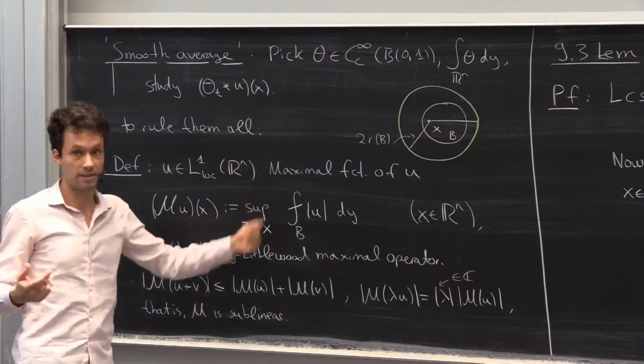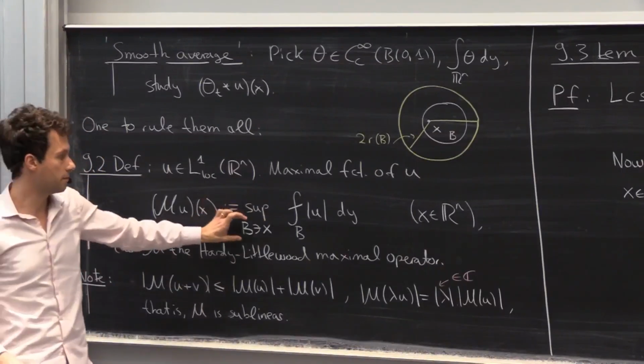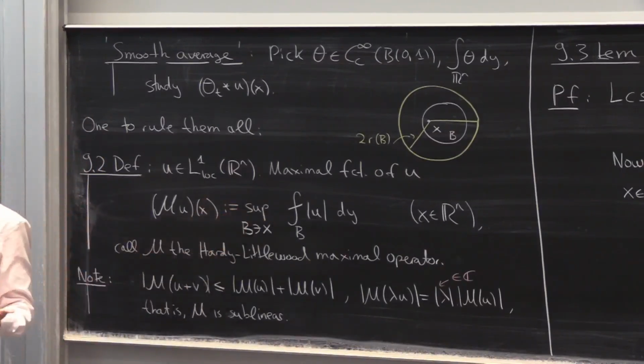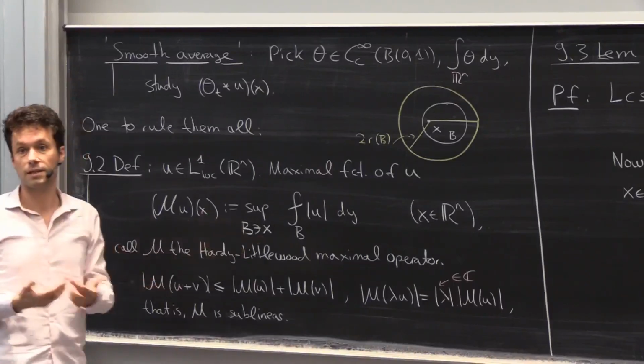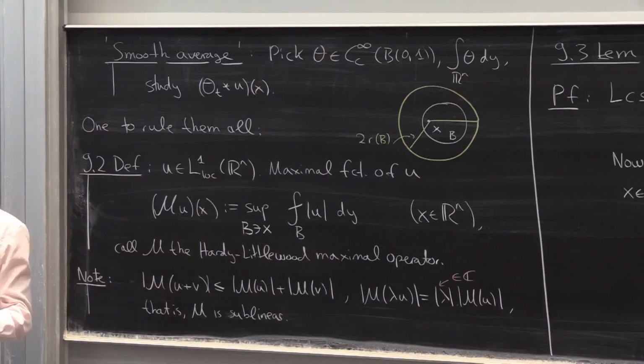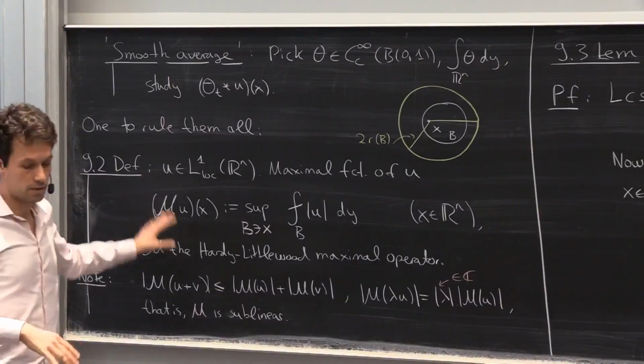And then because in this process measures are comparable, if I would have taken the uncentered version of the maximal function or the centered version, it just gives comparable operators up to a constant. Okay? So we stick with this one.